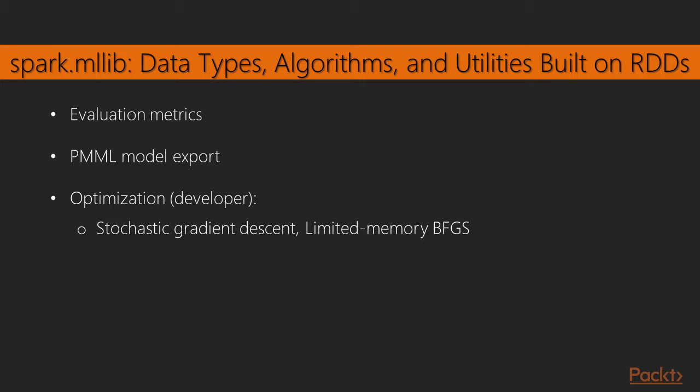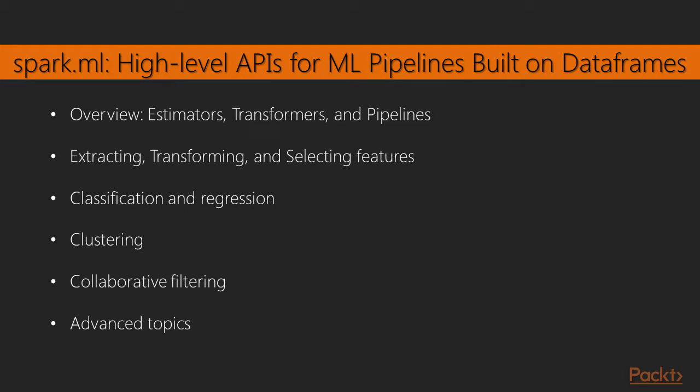Historically, all implementations were done in the spark.mllib package. This package contains the original APIs built on top of RDDs, the resilient data structures. Nowadays, development is achieved in the spark.ml package on top of data frames. The ML package also allows us to build pipelines, which is not possible with the mllib package.